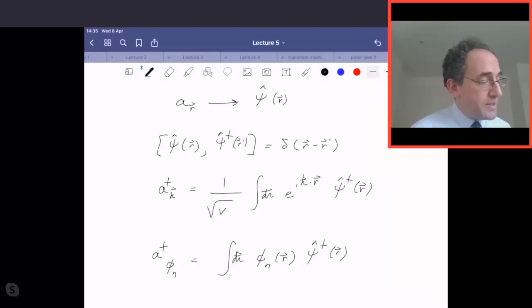Notice that the 1 over square root of V is part of this term here. If I want the orbital to be normalized, it comes with a 1 over square root of V. Okay.